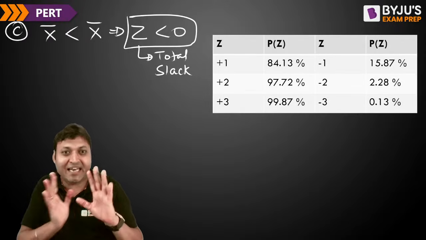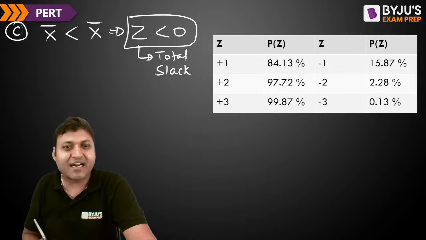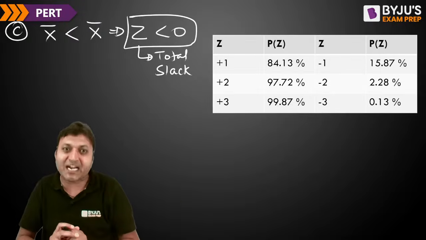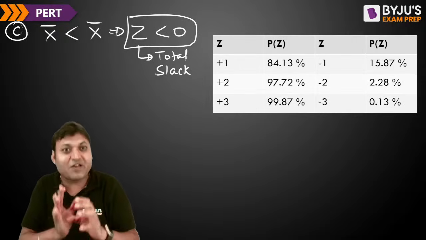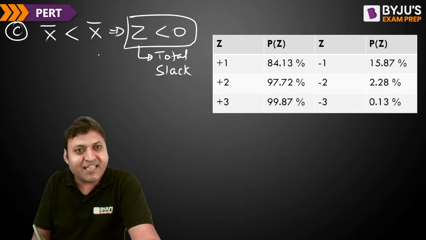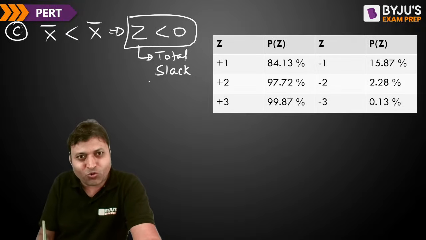It means there is no extra time available, but we need to crash the critical activities if we want the project getting completed in less time duration. Then Z will be negative, total slack on critical activities will be negative.